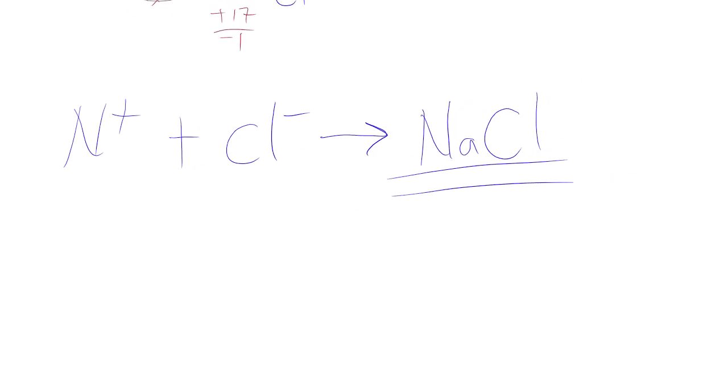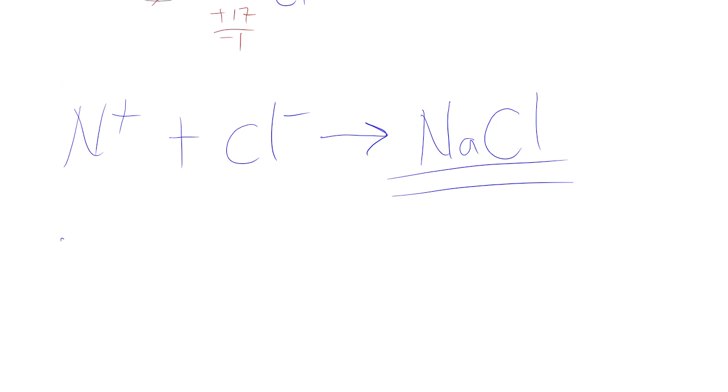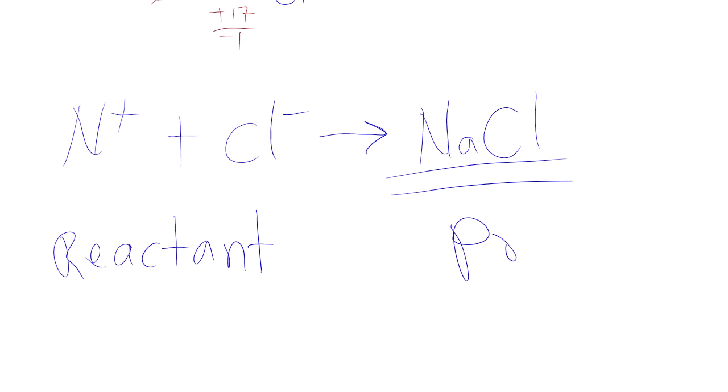For a reaction to happen, electrons move between the reacting species, which we call reactants. When we say reactant, we mean those that will react, and this is the product. What is the meaning of product?